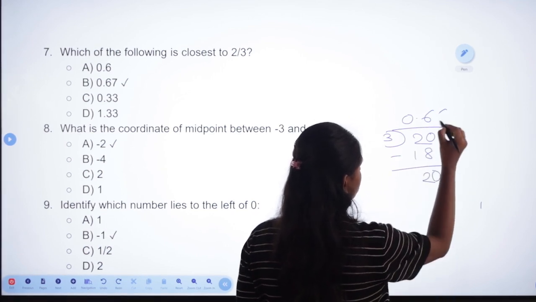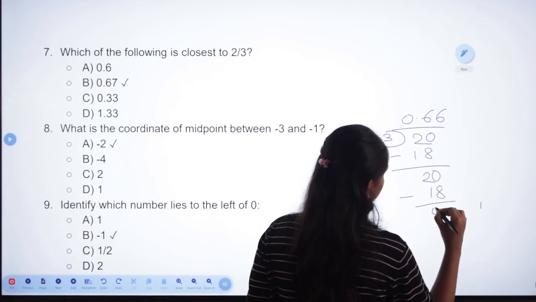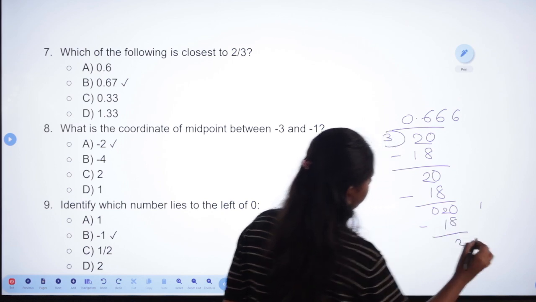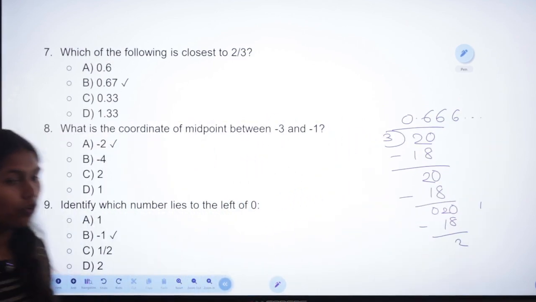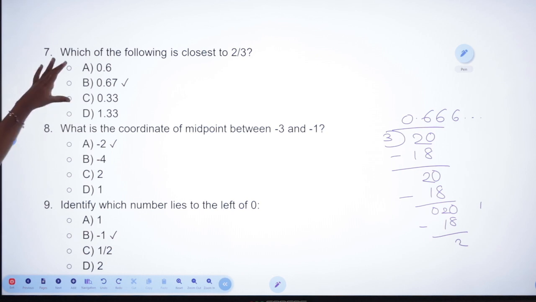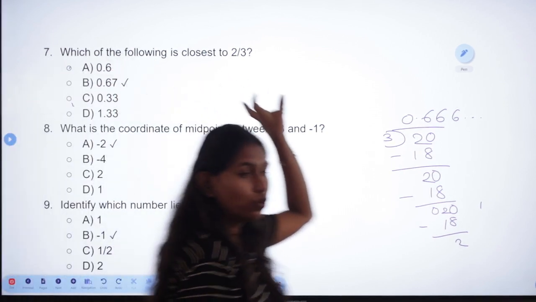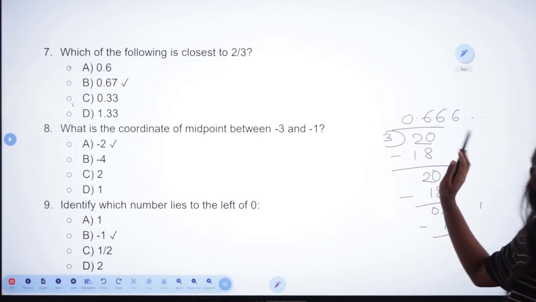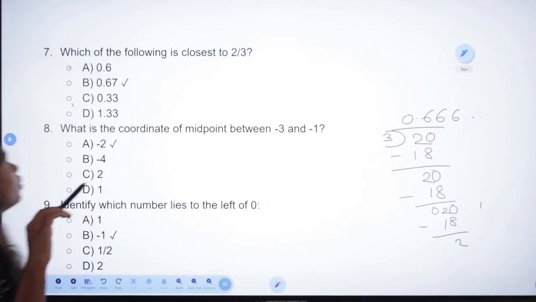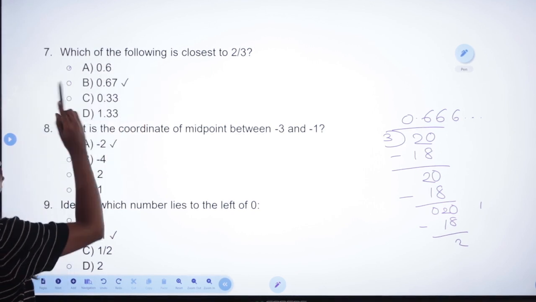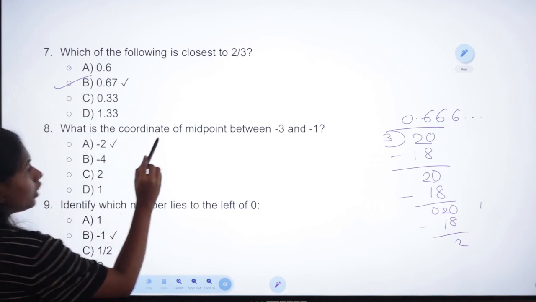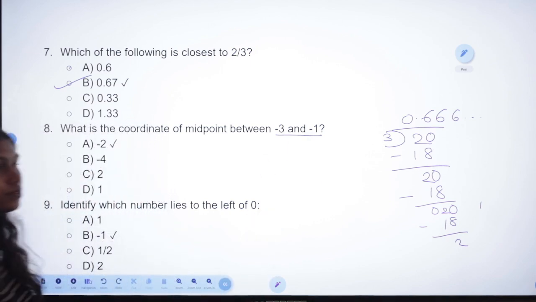Again, if you take 0, then 6, again 2 will remain, and 6 will keep going on. So what answer did we get? That is 0.66 and so on. So which will be closest here? That is 0.67.